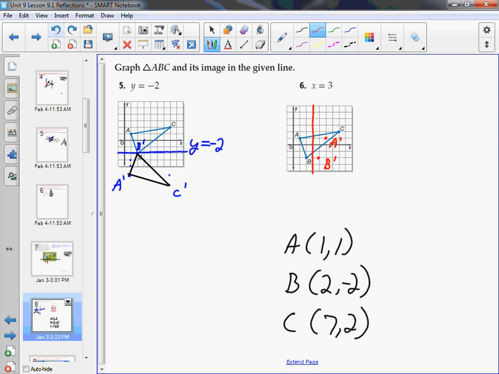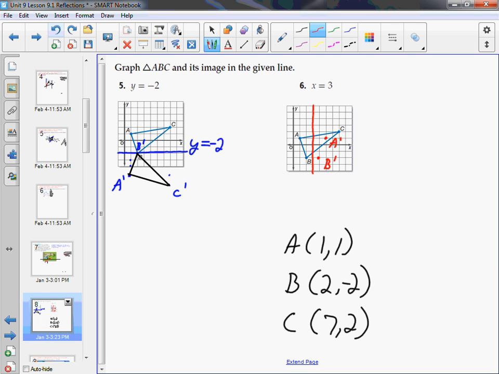Now, A was on the left, B was on the left, A prime on the right, B prime on the right. Well, look at C. C is already on the right, so where's C prime going to end up? On the left. So it's 4 spaces to the left.